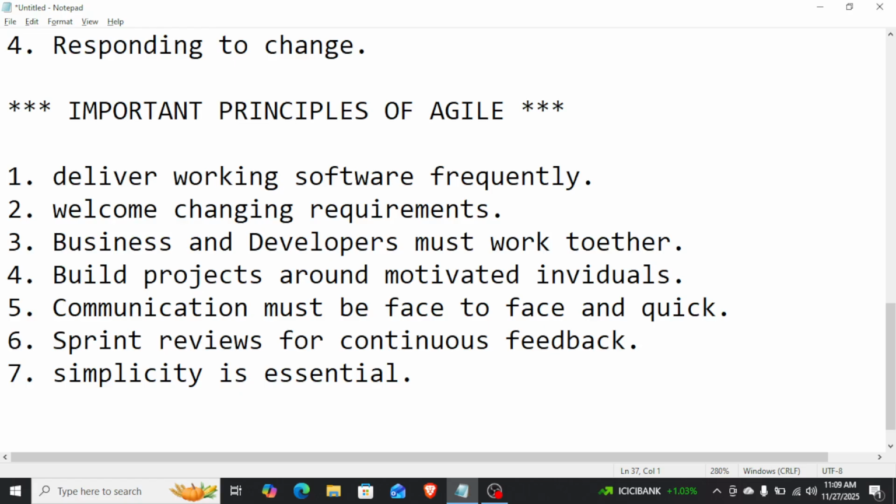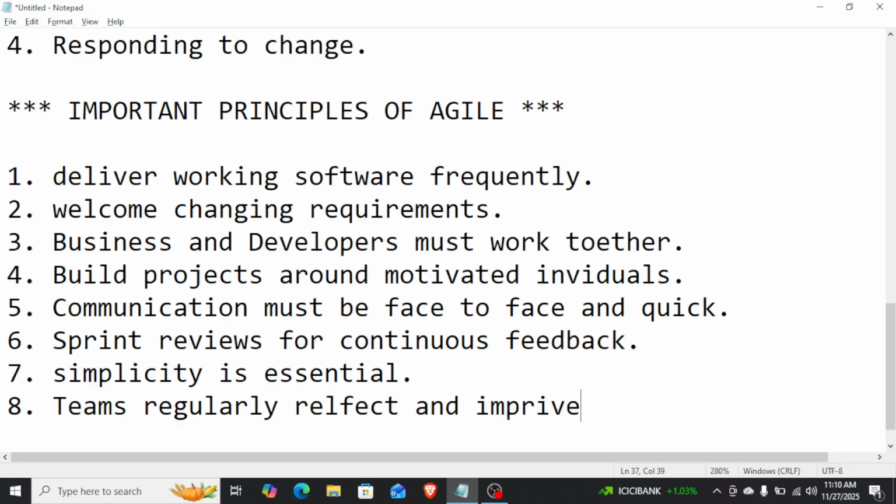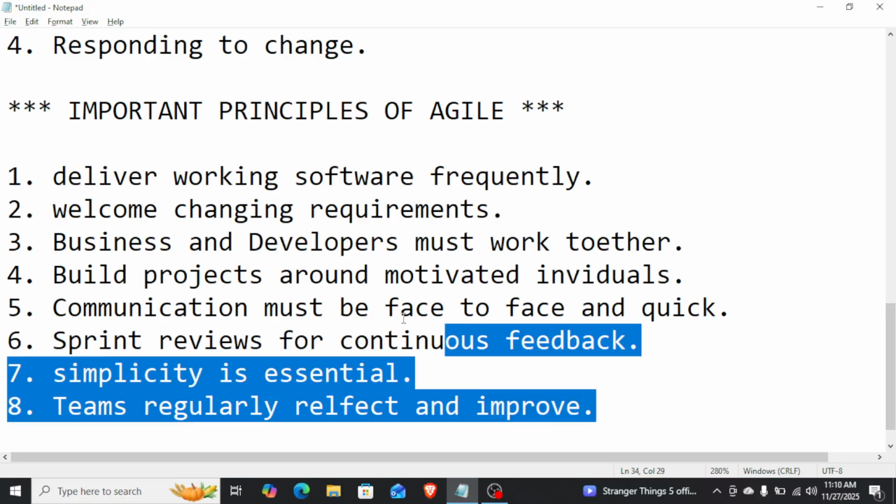And the final one is teams regularly reflect and improve. These are the eight main important principles of Agile.